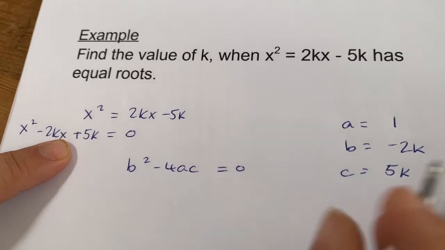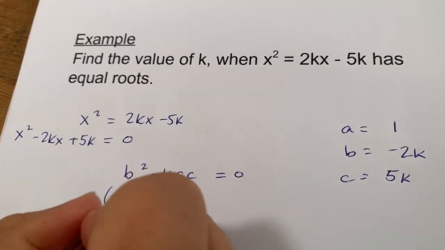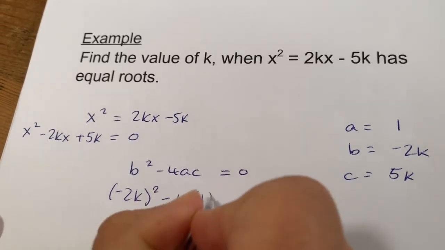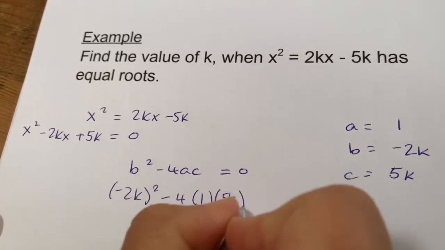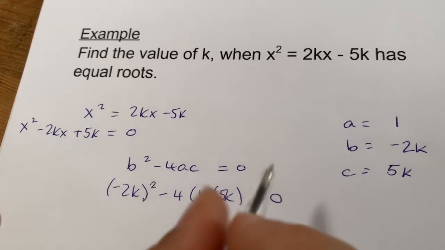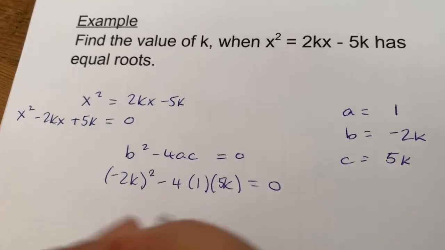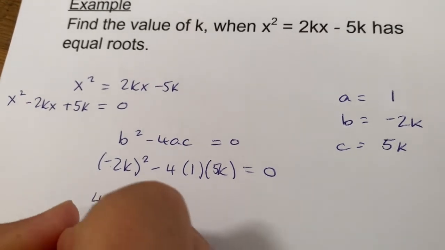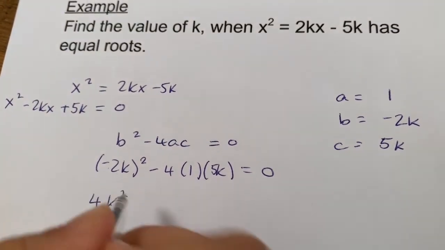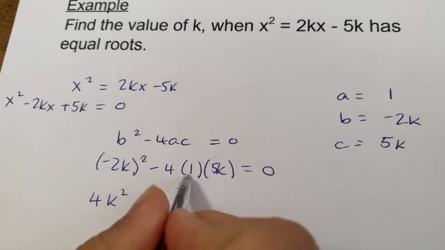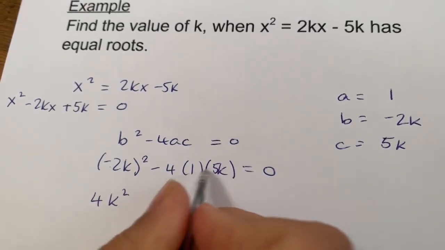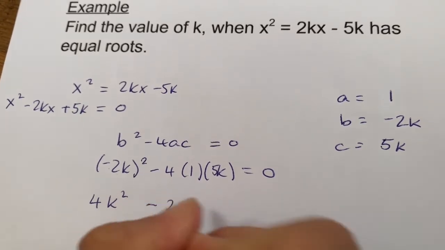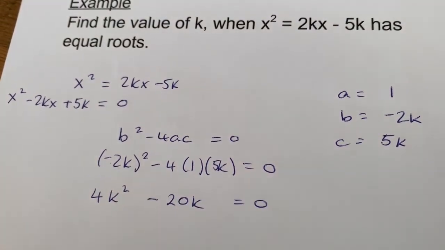Okay, so subbing that in, you get minus 2k squared minus 4 times 1 times 5k equals 0. Squaring that out, you get minus 2 squared is 4, k squared is k squared, then you've got minus 4 times 1, which is still minus 4, times 5k is minus 20k equals 0.